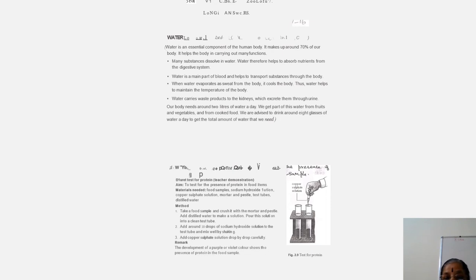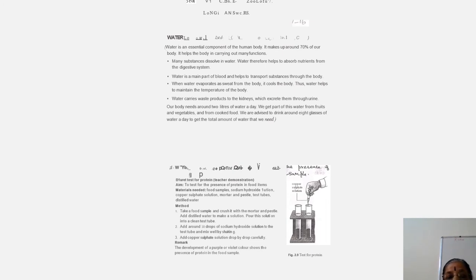I hope you understand. Our body needs around 2 liters of water a day, and we get part of this water from fruits and vegetables and cooked food. In cooked food like sambar, there is water content; in rasam there is water content; in buttermilk there is water content. So we are advised to drink around 8 glasses of water a day to get the total amount of water that we need. I hope you understand.